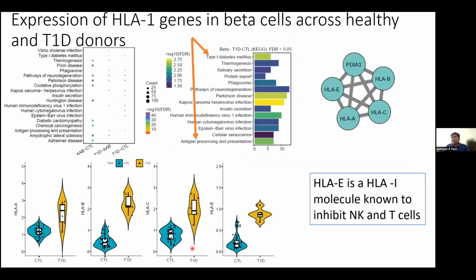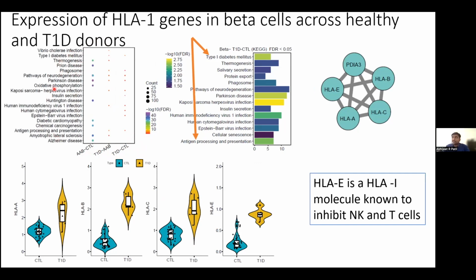So we first obtained the ranked list of genes across all cells, for example, autoantibody positive versus control, type 1D versus AB, type 1D versus control, and did the pathway analysis using a popular tool called DAVID, which basically uses the Fisher exact test to obtain a significant list of pathways.